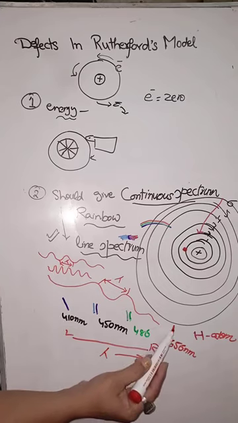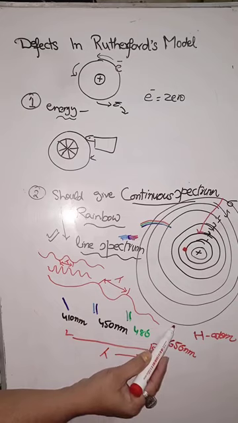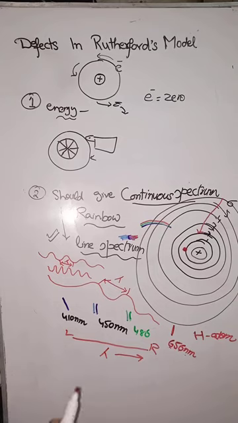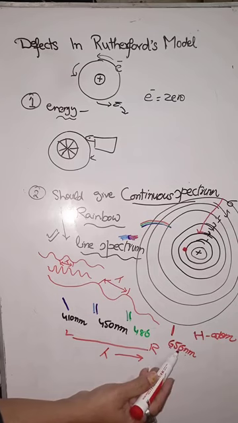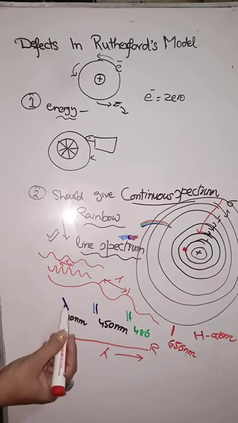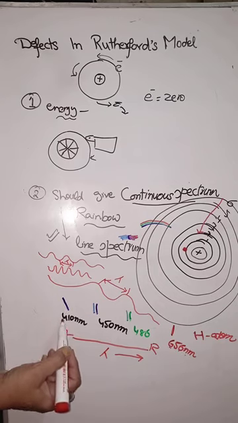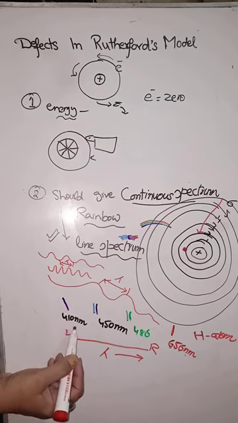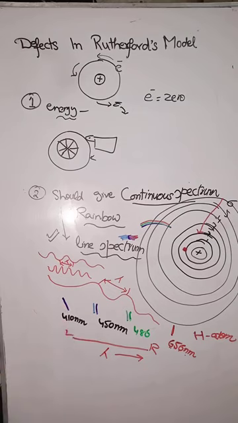That's why you have seen the line spectrum. In case of a line spectrum, the red line is at 656 nanometer wavelength. It means the wavelength is very large as compared to the purple line, and the wavelength of the purple line is 410 nanometer. Why is this so?